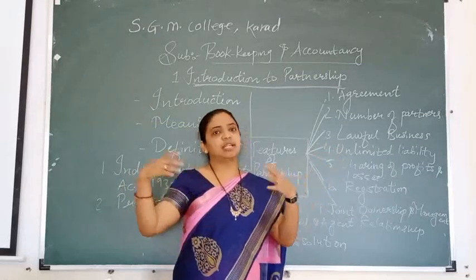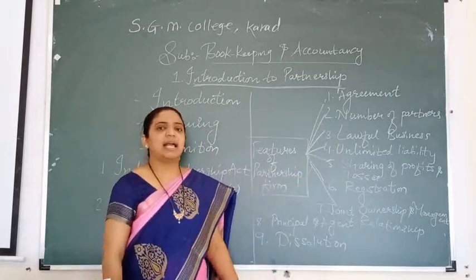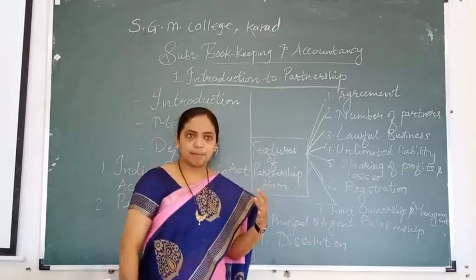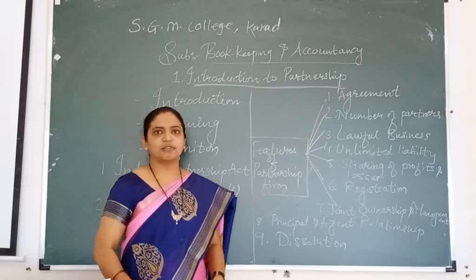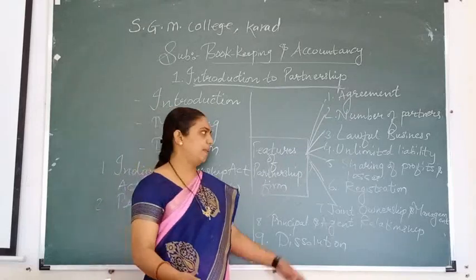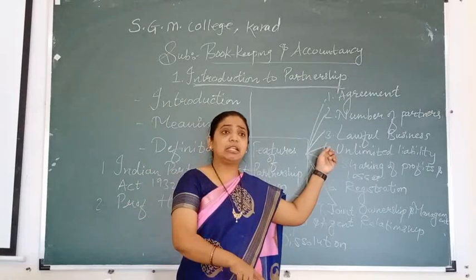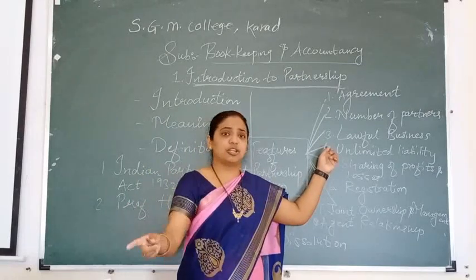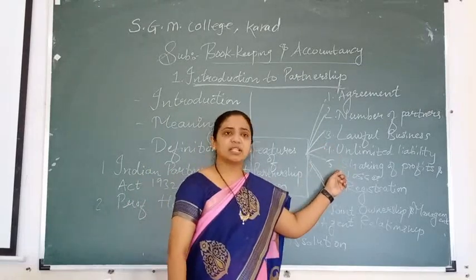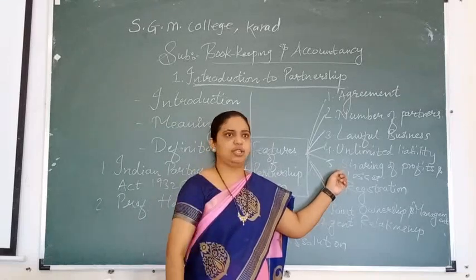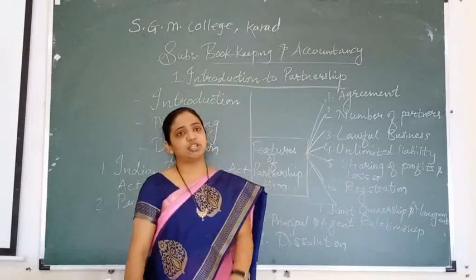If an outside party's debt is there, first the business property will be taken, then the private property; till the last rupee in the pocket of the partner is paid, they have to pay. When a solvent partner and an insolvent partner are there, the solvent partner has to bear the liability of the insolvent partner. Then sharing of profits and losses depends on the nature of capital, how much is contributed to the firm, and what is mentioned in the agreement.